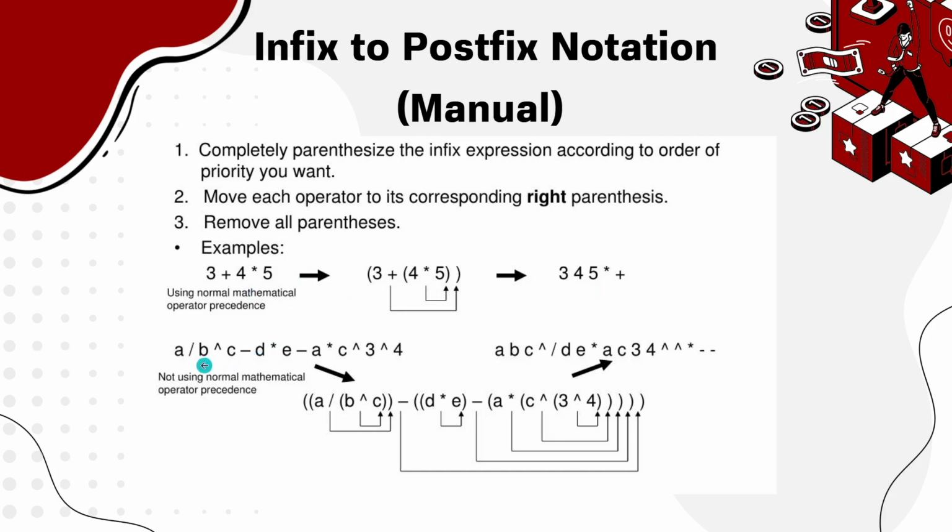Similarly, we have one more example where we have slash, cap, minus, star, etc. We could see many occurrences of minus and star here, and you know that if star appears twice in an expression, then we will be giving preference from left to right. Whichever star appears first from left to right would be evaluated first.